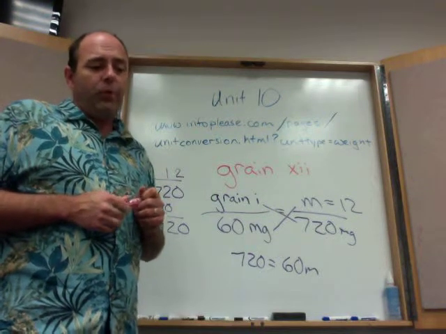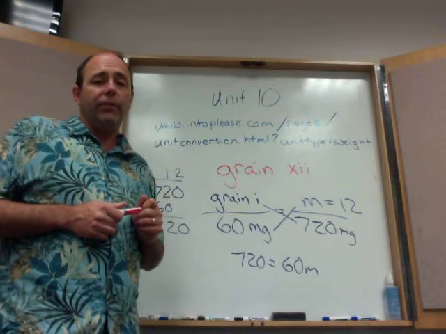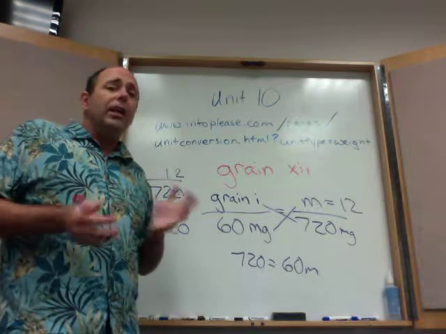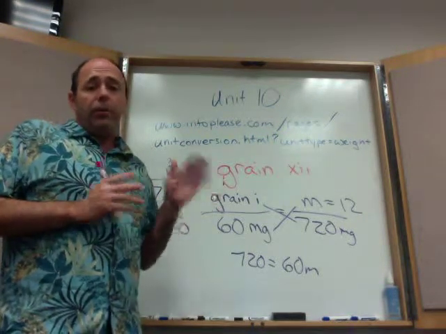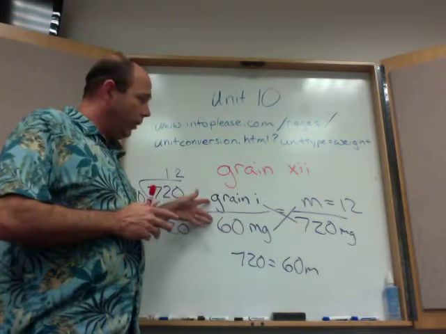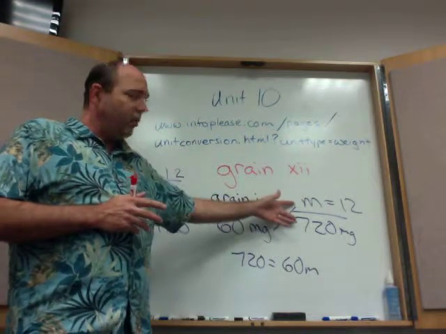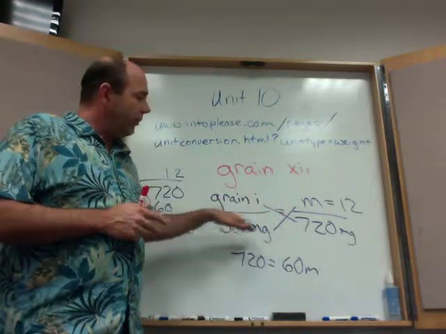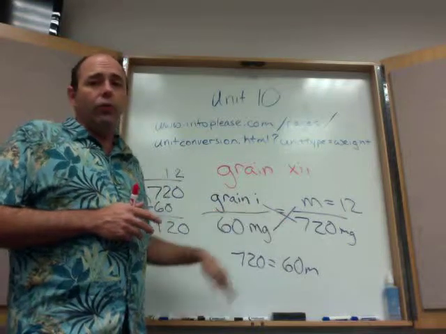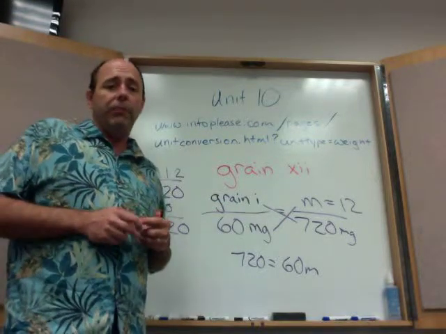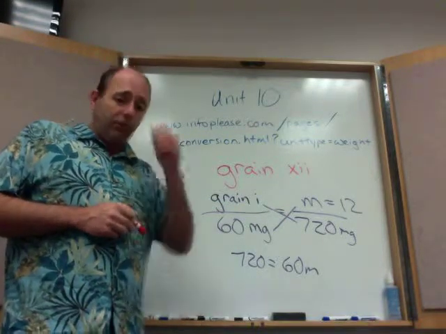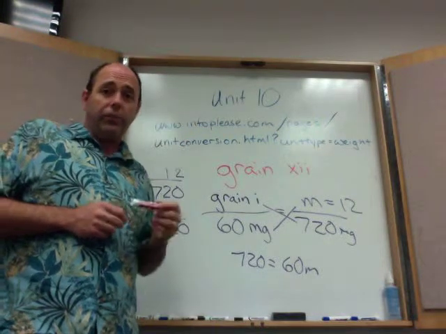You could set it up with 1 inch and 2.54 centimeters. It doesn't matter. You set up your base conversion, what you know, and then solve for what you don't know, and then just keep them consistent as far as what's in the numerator and what's in the denominator. Okay, turn in your assignment when you're completed, and we'll see you next week.